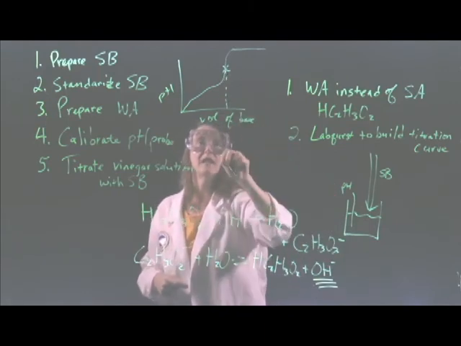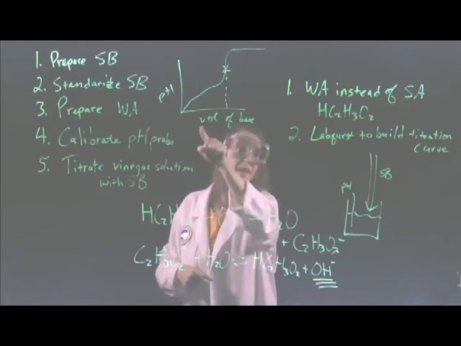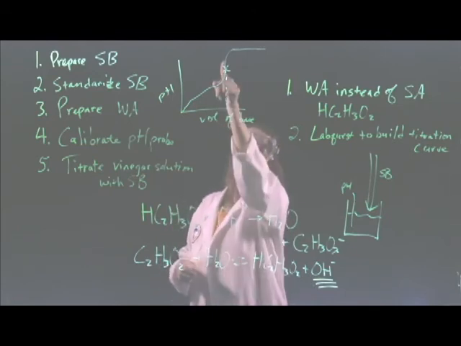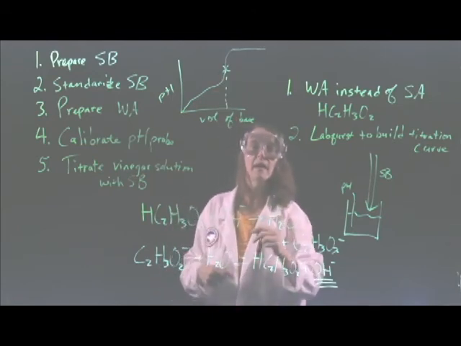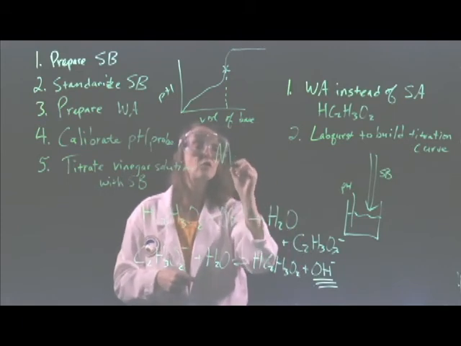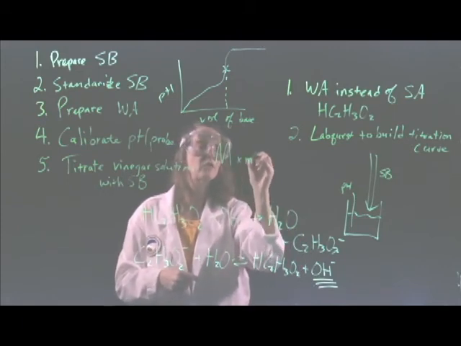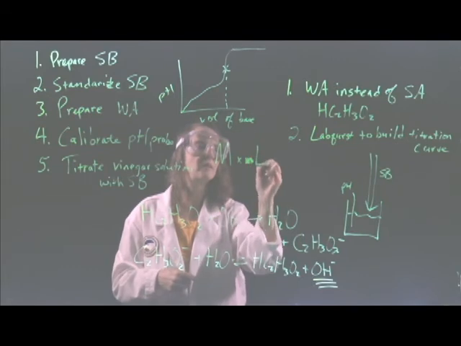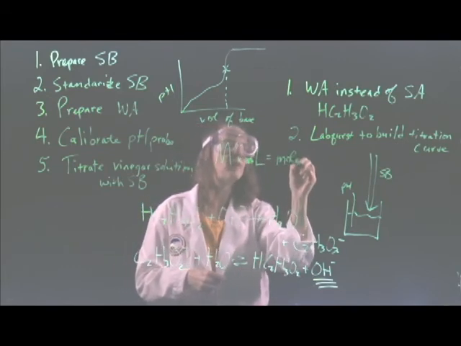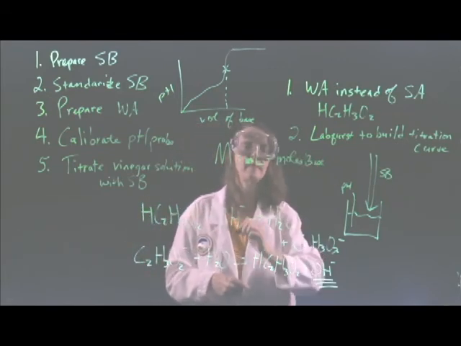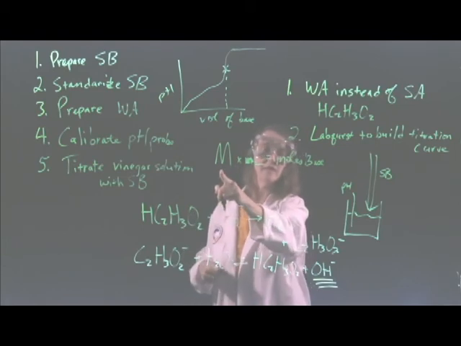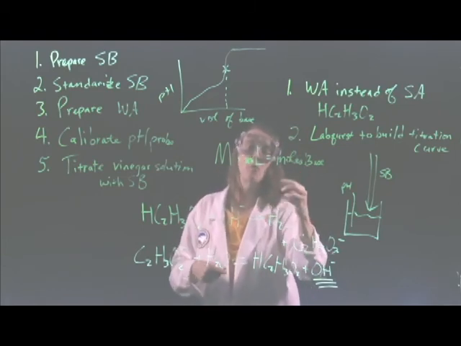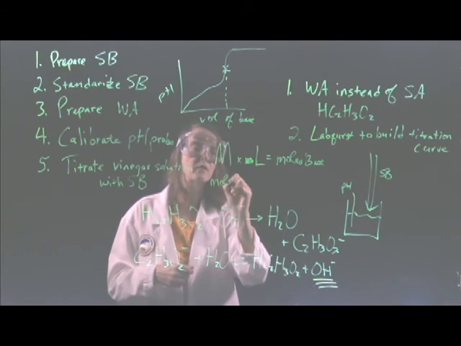You can see the volume of base, the number of milliliters of base that it took to reach the inflection point. And because you know the concentration of base, concentration times liters is equal to moles of base. Right? That's what you got from the standardization. And at the equivalence point, moles of base are equal to moles of acid.